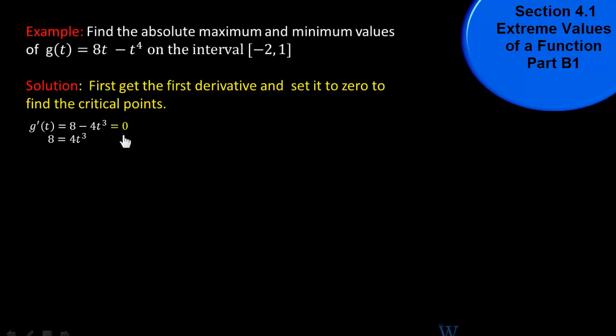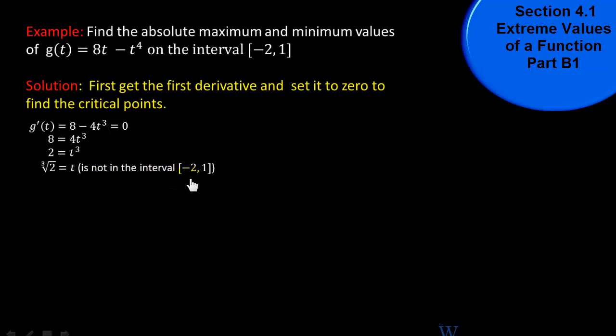Set that equal to 0, which means we put negative 4t cubed on the right side, divide both sides by 4, and we see that t cubed is equal to 2, which means t is the cube root of 2, but the cube root of 2 is not in the interval from negative 2 to 1. Okay, so that means there is no critical point in this interval.